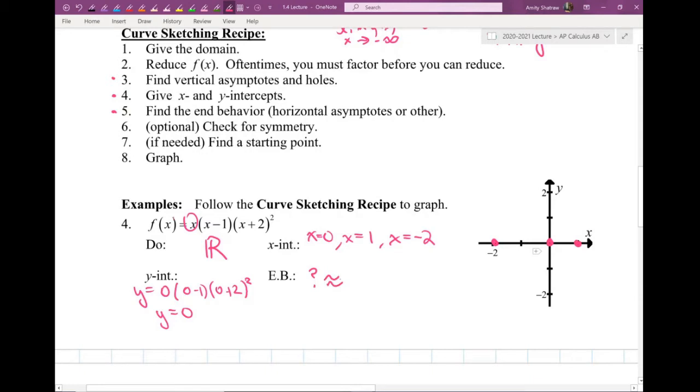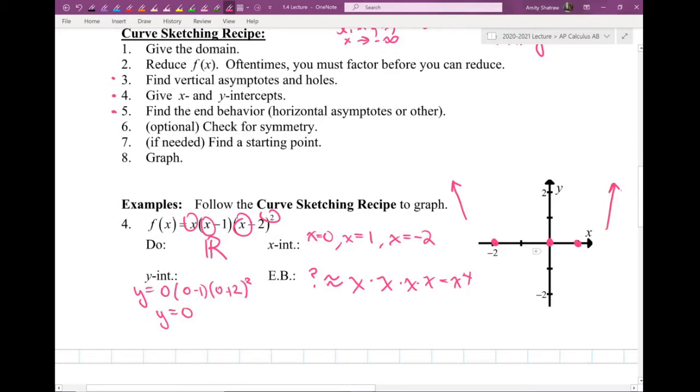I just need to know what the degree of the highest term is. So I have x times another x times another x and another x because there's two of those factors there. So an x times an x is going to give me an x to the fourth. And I remember that end behavior then would be like this. Ready? Going to positive infinity and going to positive infinity.